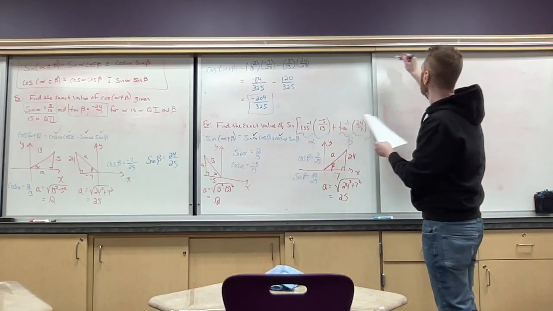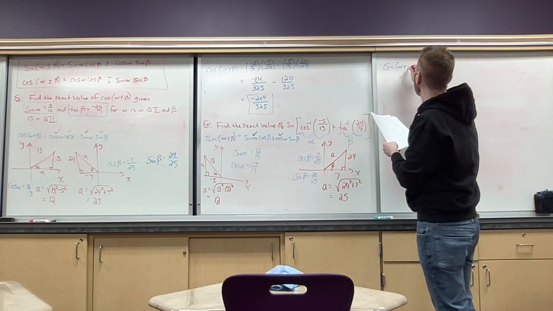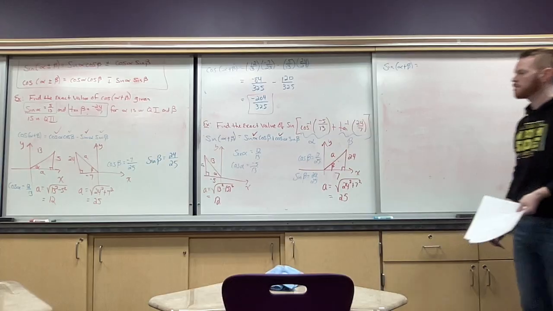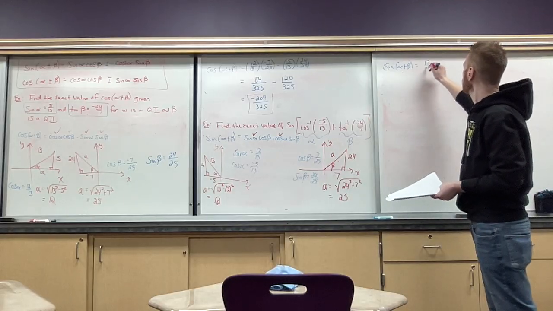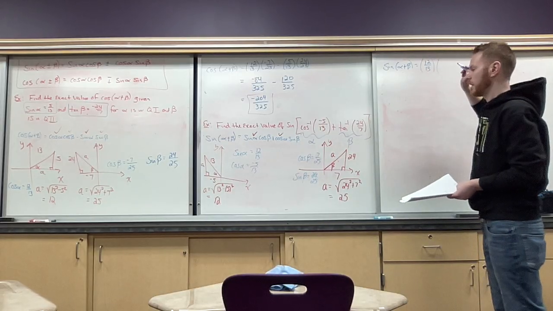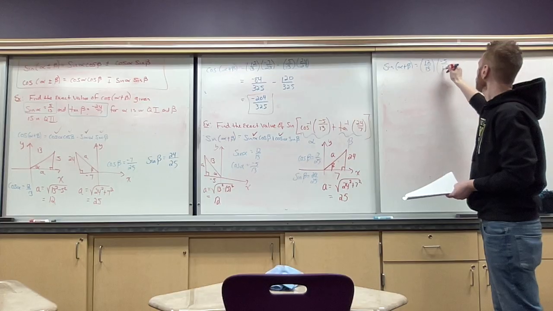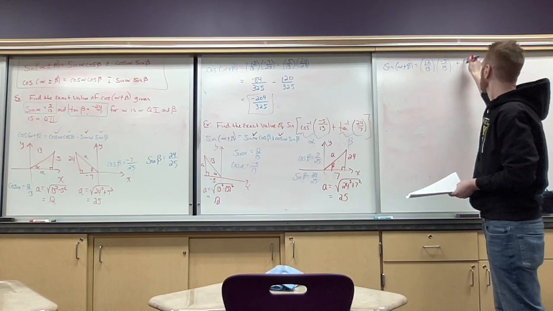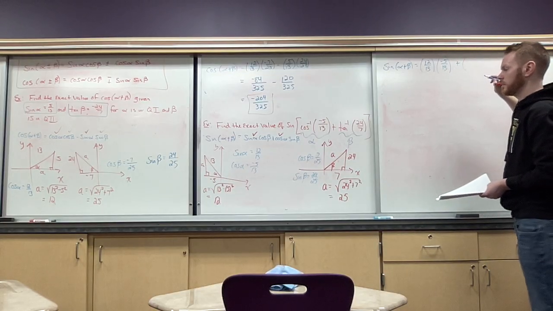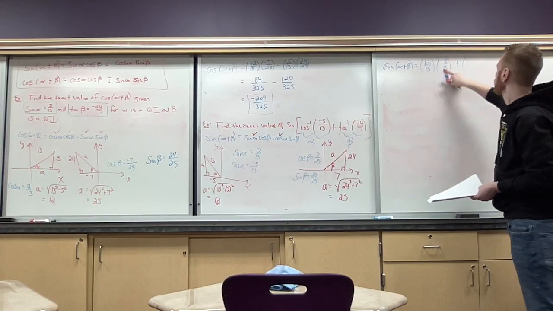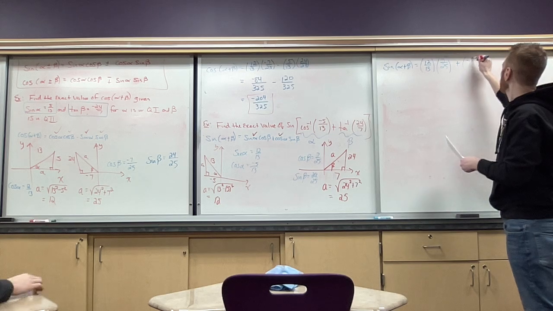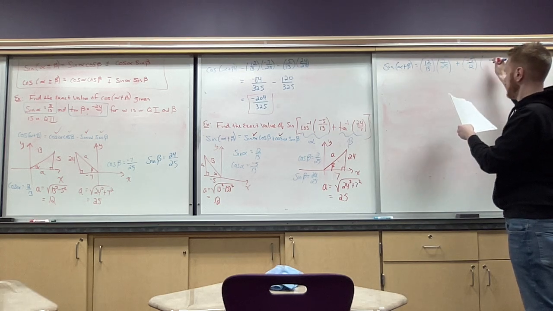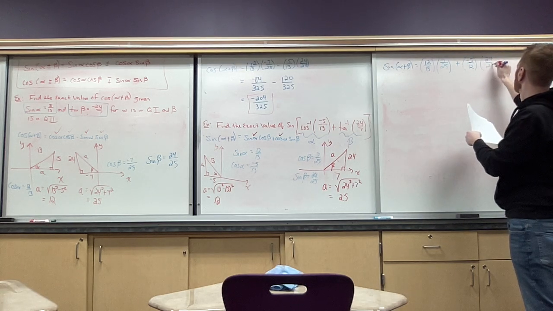Okay, so now let's rewrite. We've got sine of alpha plus beta. Now that I have all the values that I need, I'm going to substitute them. The first one is sine of alpha, which is 12/13. Next one is cosine of beta, 7/25, sorry, I looked at the wrong angle. There we go. Then we get -5/13 times 24/25 for the second part, cosine of alpha times sine of beta.